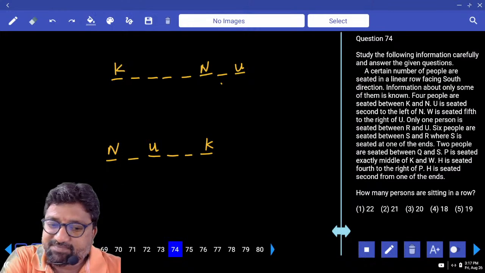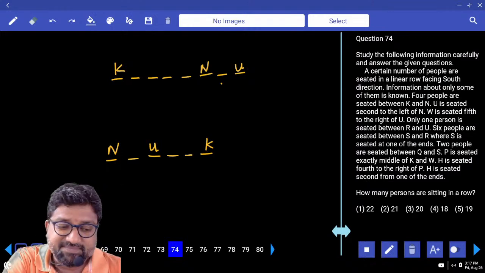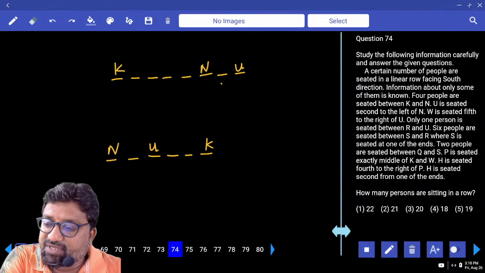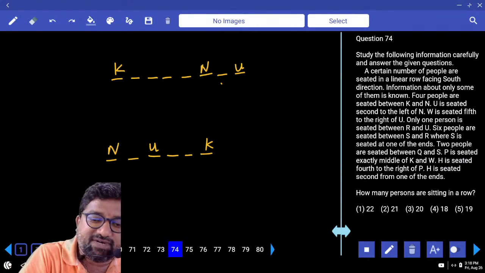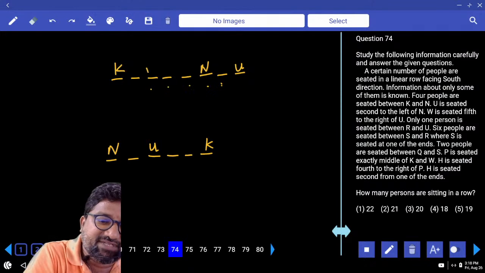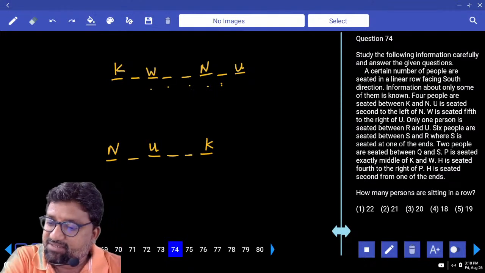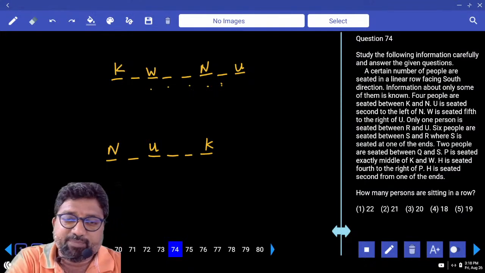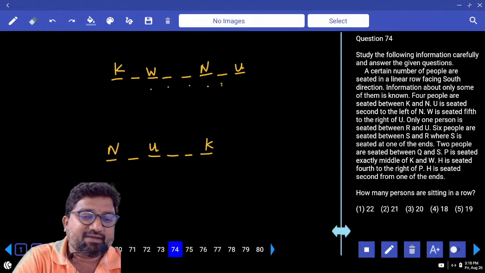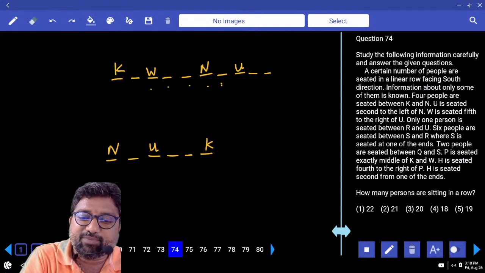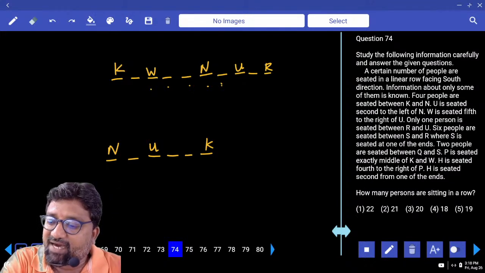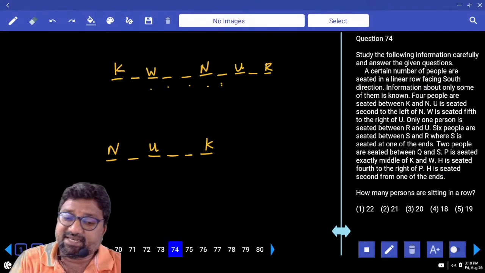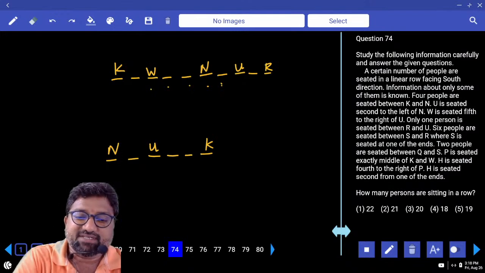Next. W is seated 5th to the right of U. 5th to the right of U means our left. 1, 2, 3, 4, 5. This is W. Next. Only one person sits between R and U. This is the only possibility. 6 people are seated between R and S, where S is seated at one of the extreme ends.